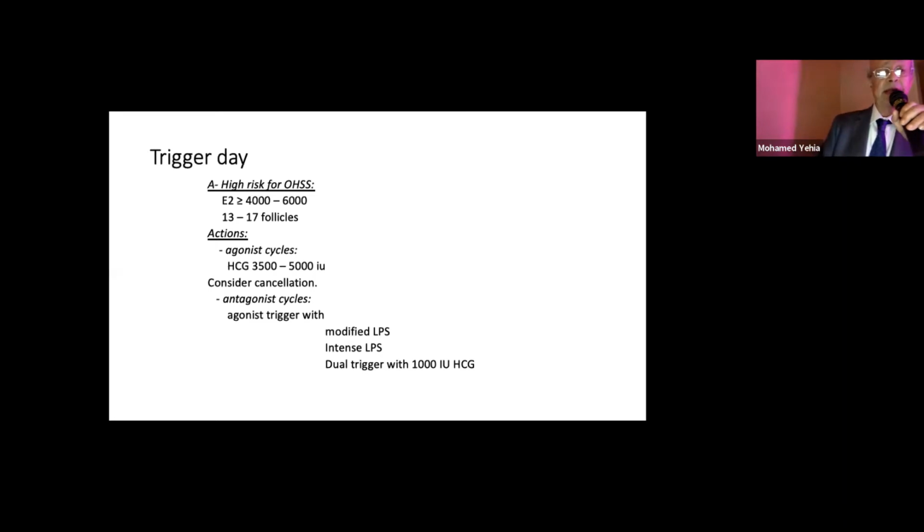On the trigger day, if you have E2 in the range of 4,000 to 6,000, and you have 13 to 17 follicles, either in agonist, if you didn't see it, you can give half the usual dose.